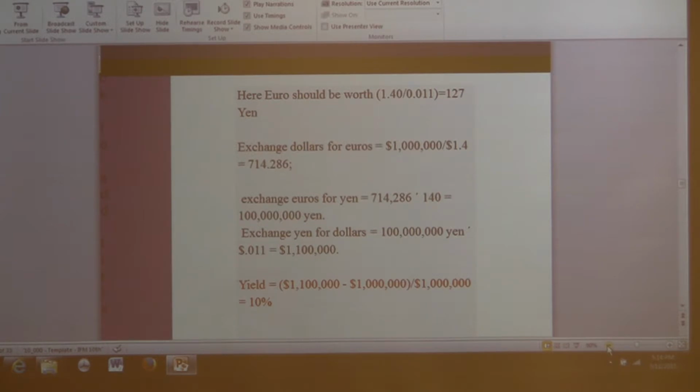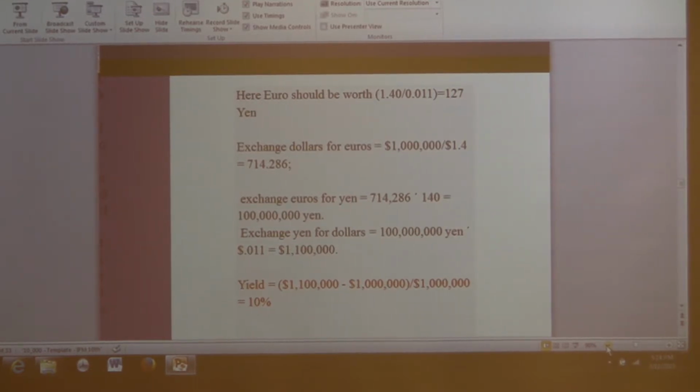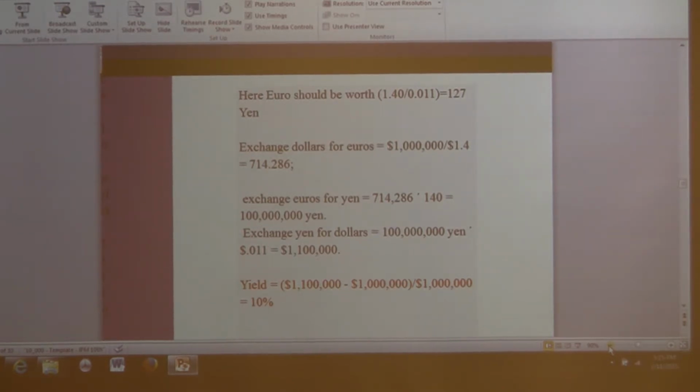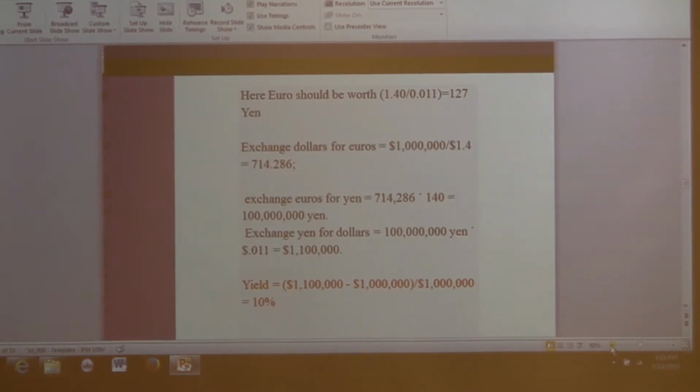So here, when you sell the euro for the Japanese yen, you get 714,286 multiplied by, what was it, 1.4? Yeah? 140, sorry. Times 140. So that gives you, what, 100 million yen? Okay. And once you have the yen, you buy the US dollar back.